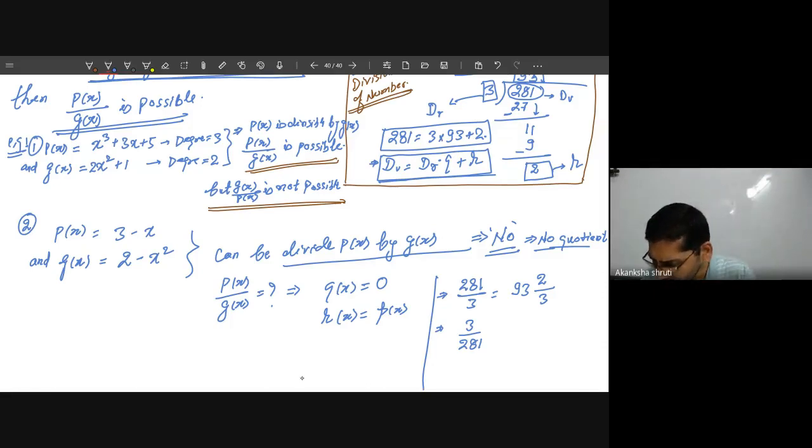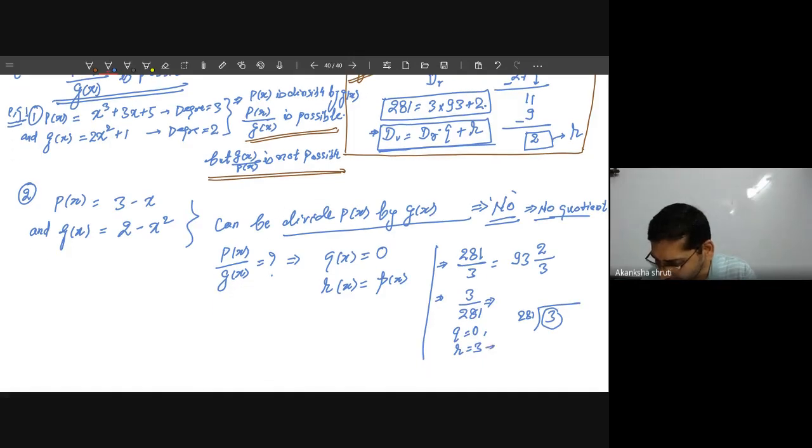Means 3 has to be divided by 281, so this division is not possible. Not possible means this is the last term in itself, so this 3 will act as the remainder itself. Means no division. Means in this case, quotient is 0 but remainder is 3. Remainder 3 is the same as your dividend in this case. Our divisor was 281.